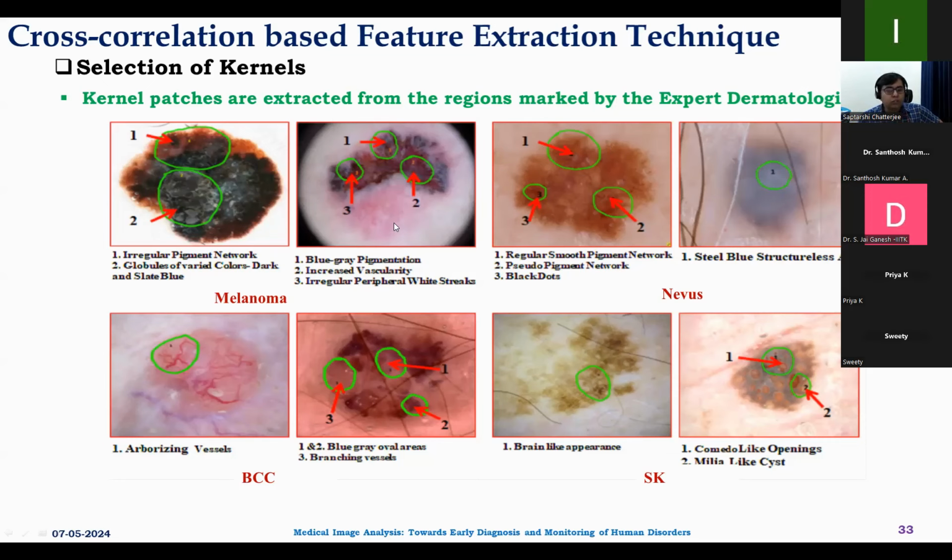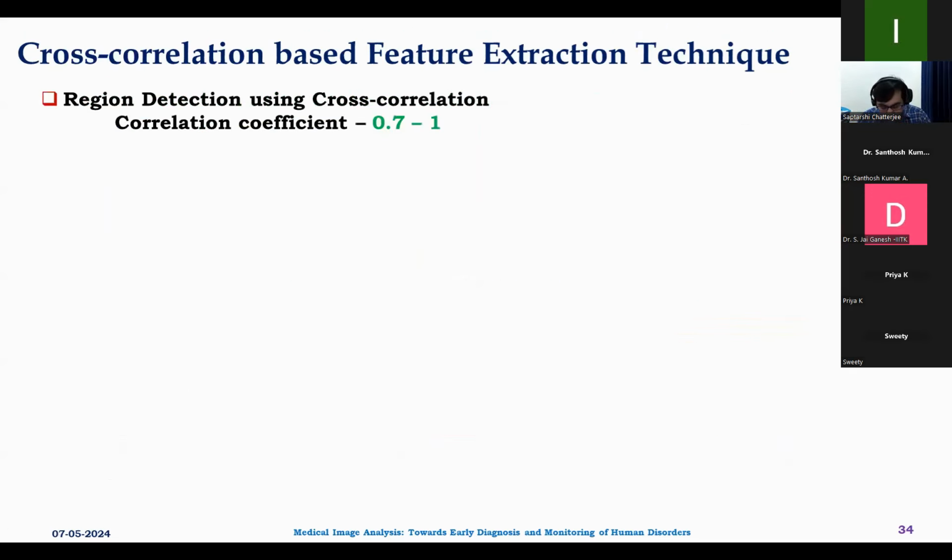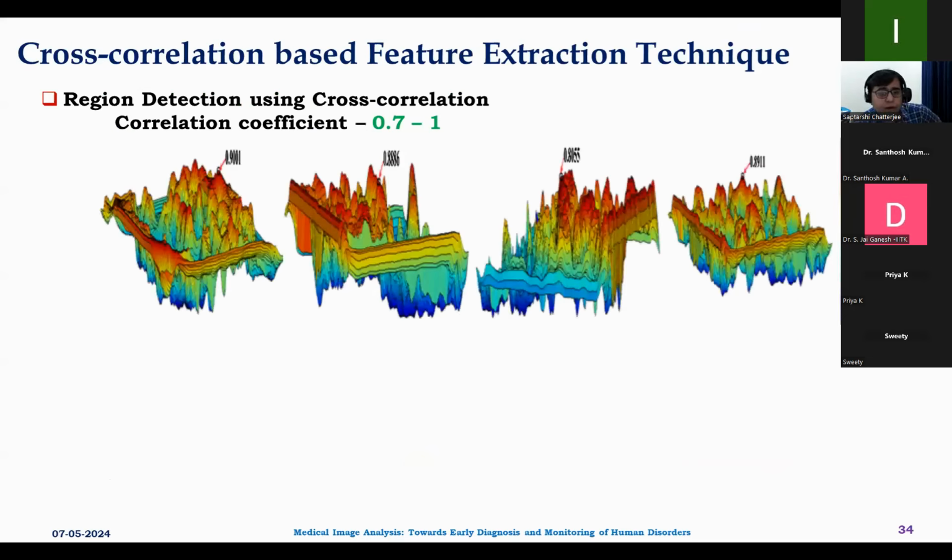Now those kernels have been cross correlated with the original image in different color spaces, right? And what we got is the correlation coefficient, the cross correlation spectrum, where we can get the cross correlation coefficient.